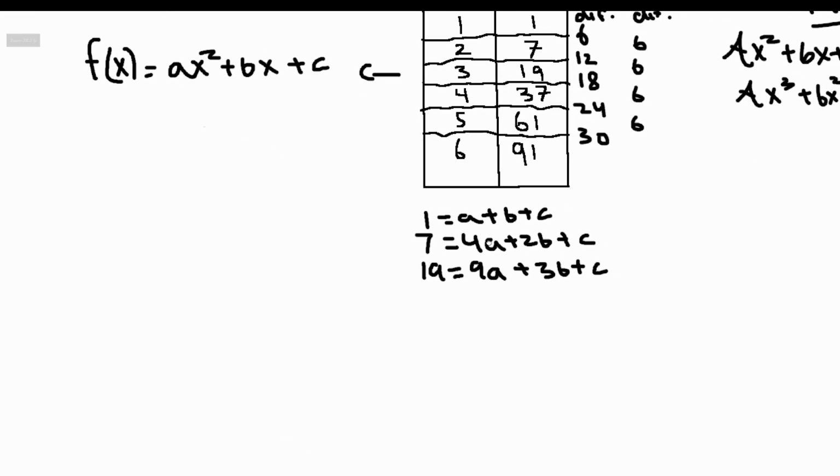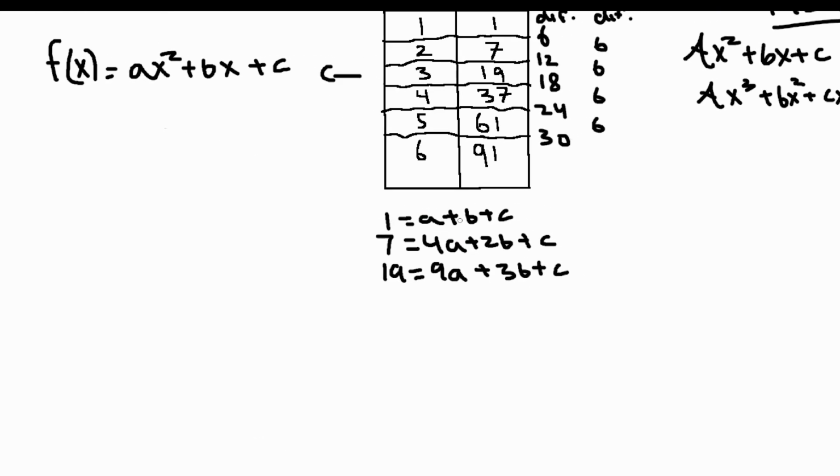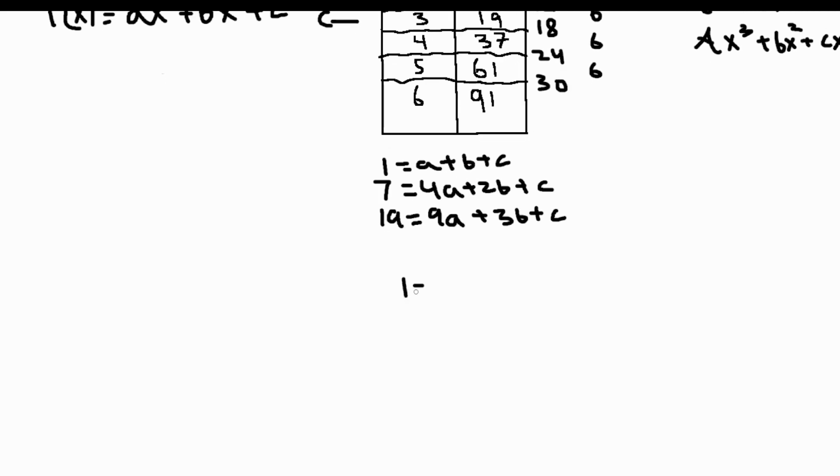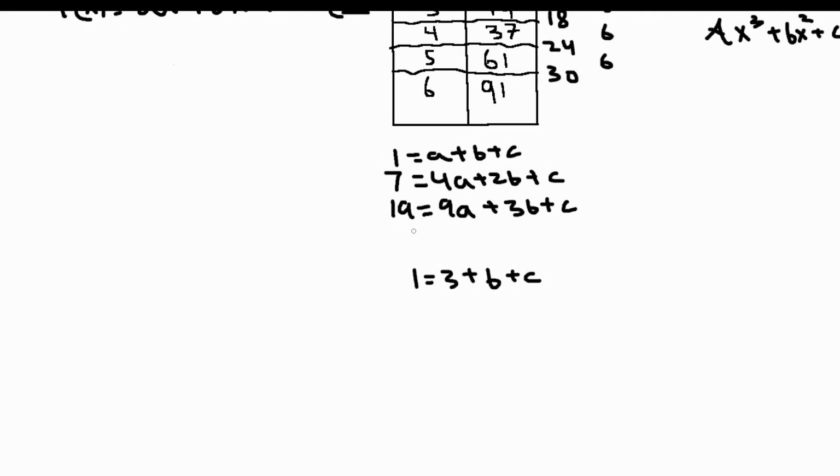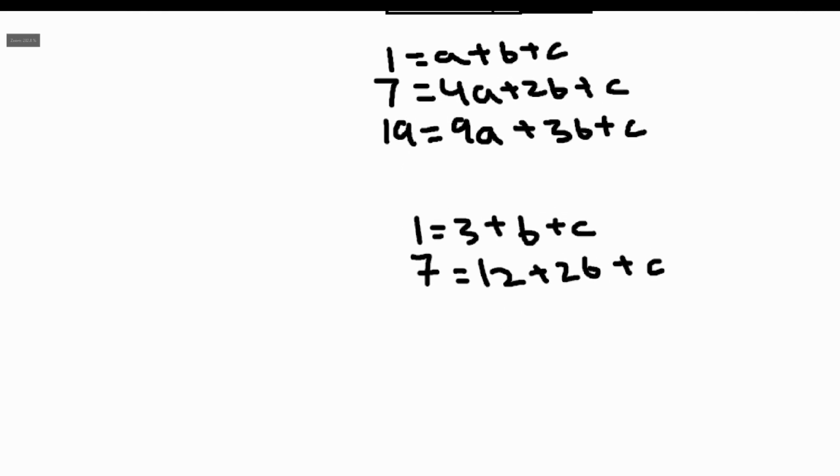So if we just wanted to rewrite this, it could be 1 is equal to 3 plus b plus c. 7 is equal to 4 times a, 4 times 3, which is 12, plus 2b plus c. Okay. Let's get these numbers on just one side here.